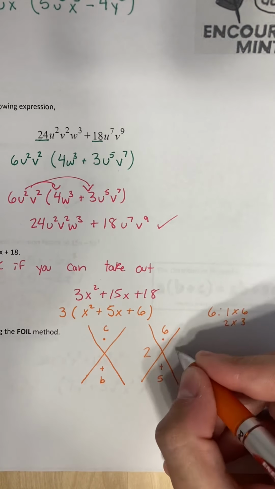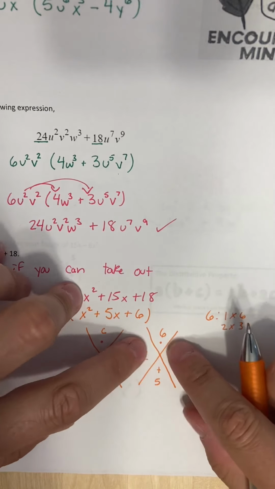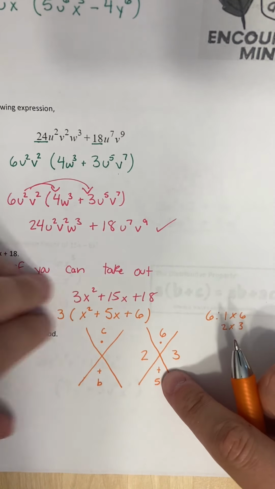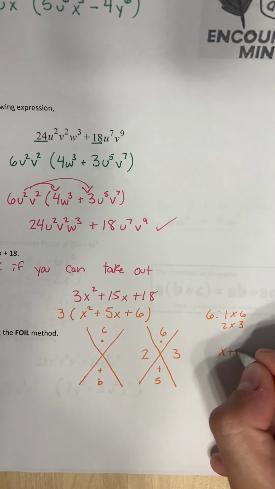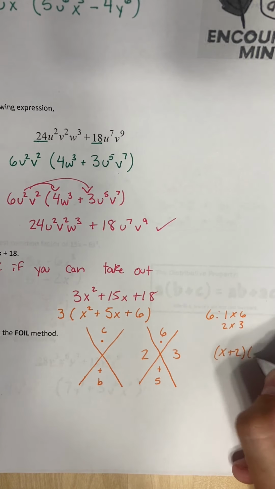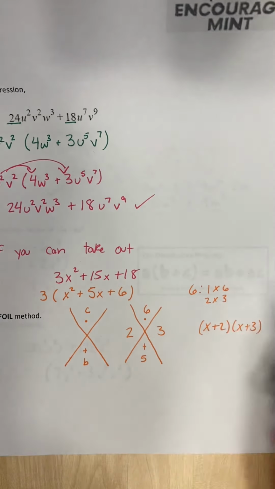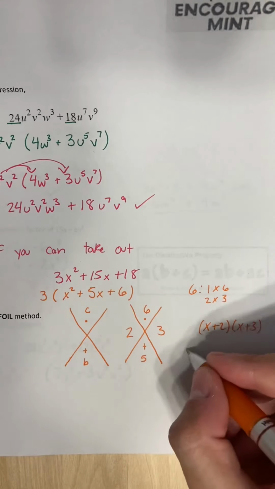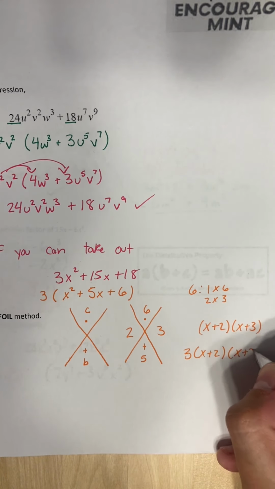So I'll put 2 here and 3 here. So now they multiply to get 6, but add to get 5. So what you end up getting is x plus 2 and x plus 3. Don't forget your 3 over here. So this would be 3 times x plus 2, x plus 3.